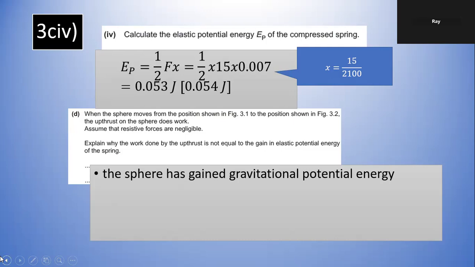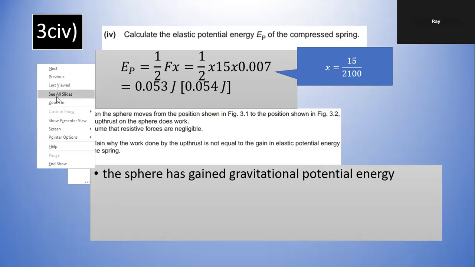Teacher, then the resultant force of that situation is what? When it's horizontal, it's the upthrust. Upthrust is the one that's working. The weight doesn't come in anymore. The weight equals the upthrust. When it's horizontal, there's no resultant force. Is it because the sphere was floating?